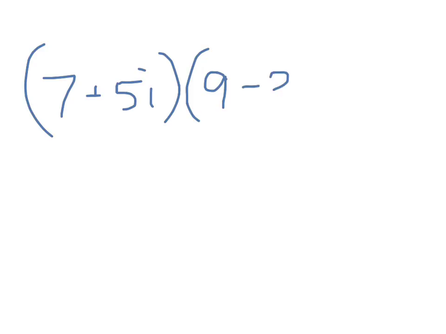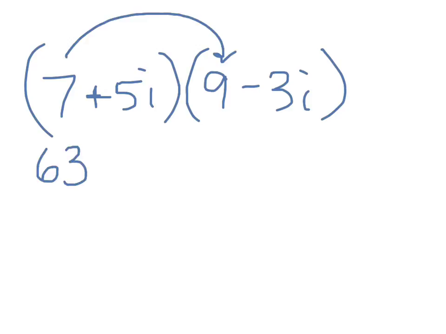7 plus 5i, 9 minus 3i. What operation am I asking you to do here? Multiplication. So this is FOIL, right? What's 7 times 9? 63, I heard.